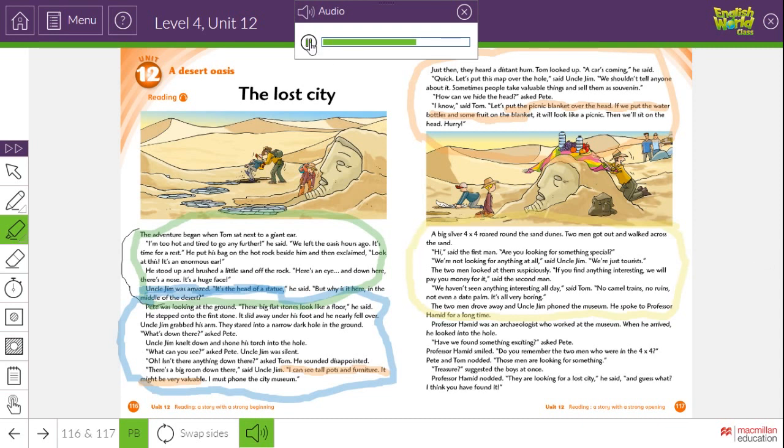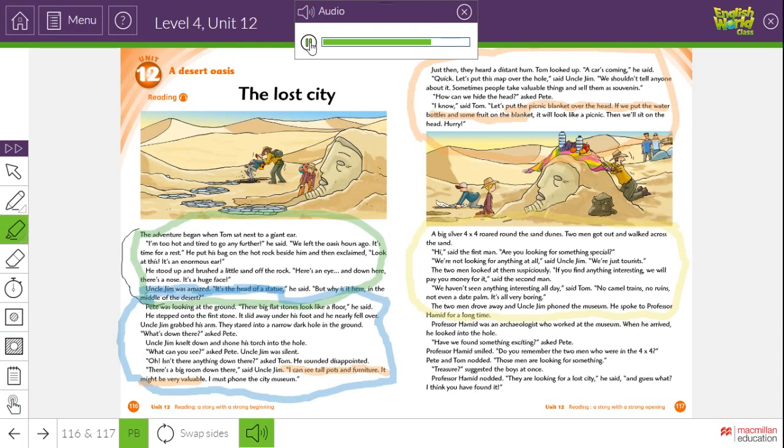A big silver 4x4 roared round the sand dunes. Two men got out and walked across the sand. "Hi," said the first man. "Are you looking for something special?" "We're not looking for anything at all," said Uncle Jim. "We're just tourists." The two men looked at them suspiciously.